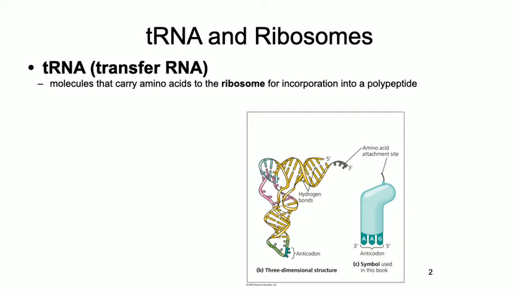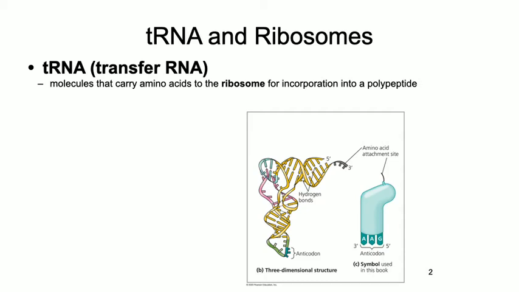So here, this is a nucleotide that is complementary to this. So maybe this is C and this is G, and this is U and this is A. So they would clump together.